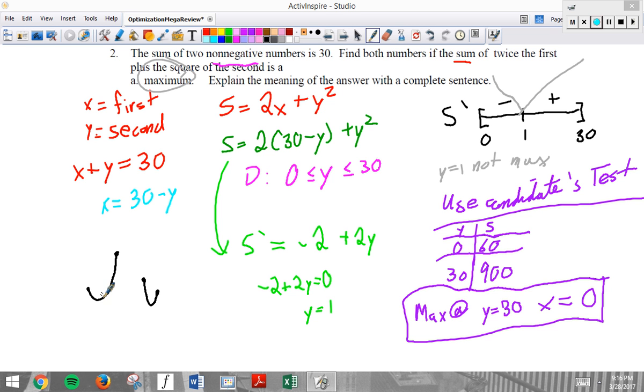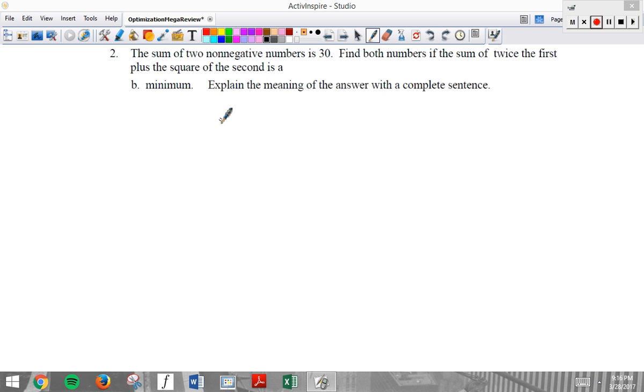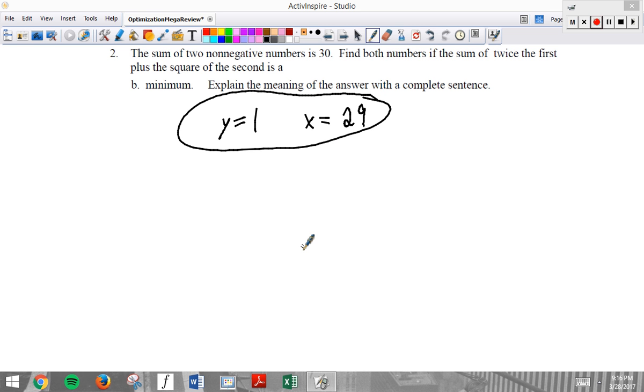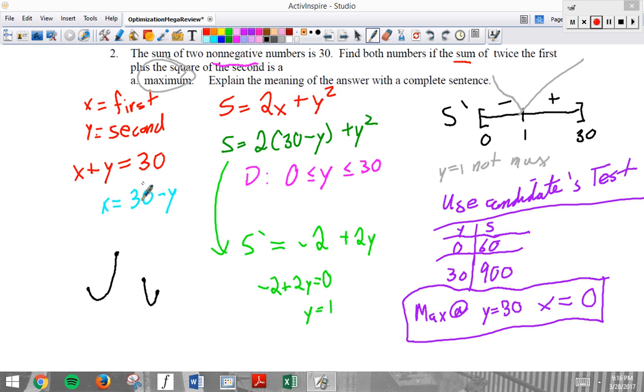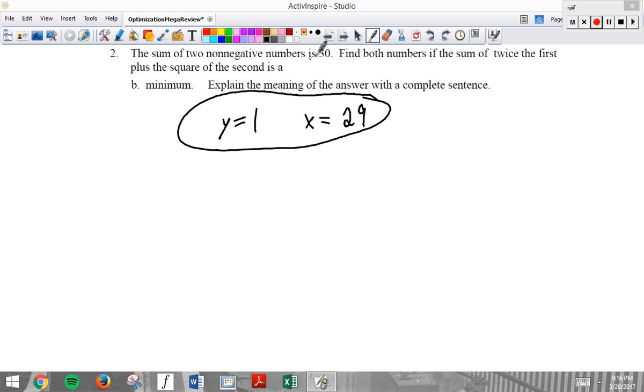However, we know 1 is the lowest point. So, y equals 1, x equals 29 would be the smallest sum. 30 minus 1. Okay.